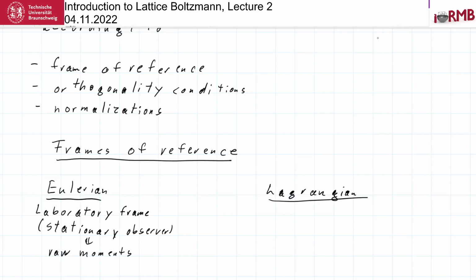By the way, these are not necessarily the only names. Different people will give these things different names. But in this lecture, and in the bigger part of the Lattice Boltzmann literature, we call these raw moments. And the other one is the material frame.